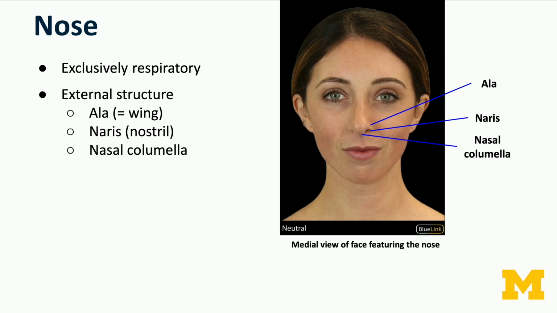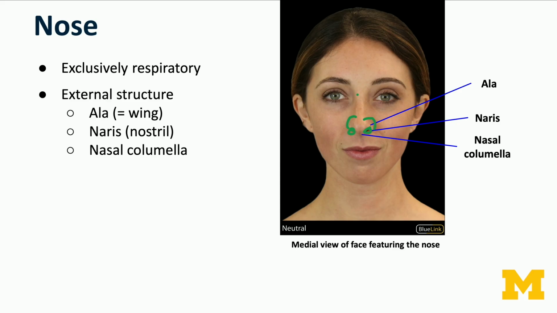So when we're looking at the nose, we can see that there are bilaterally paired nares or nostrils, and they are supported by fleshy protuberances called ala, which means wings.